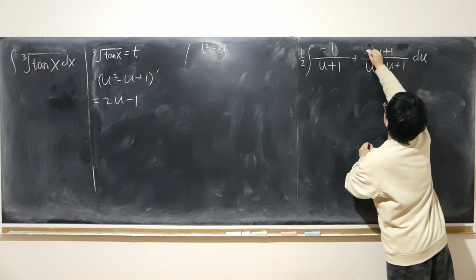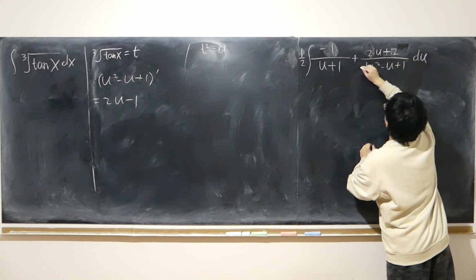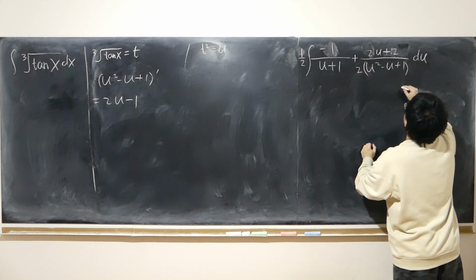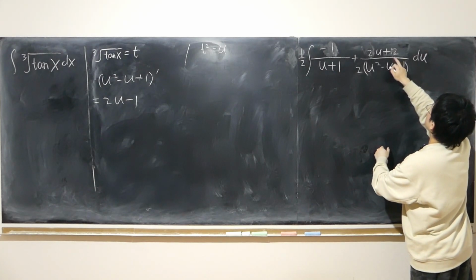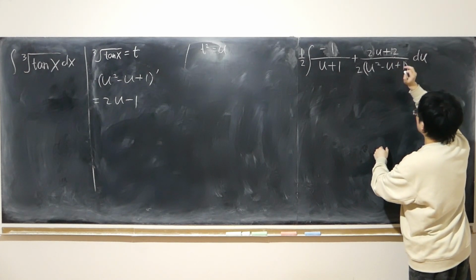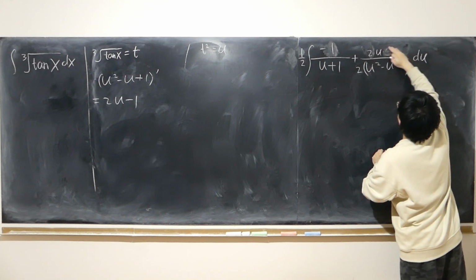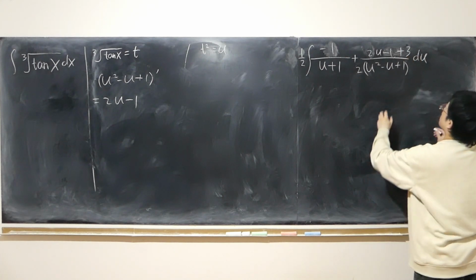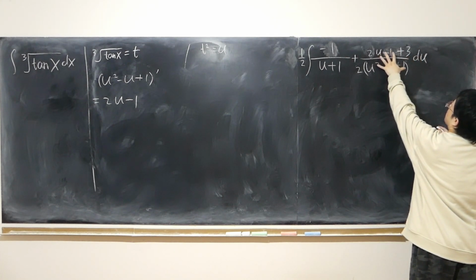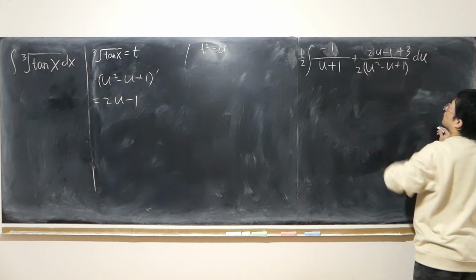I multiply by 2 and divide by 2 as well. 2u minus 1, so minus 1 becomes plus 1, 2 becomes minus 1 plus 3. This bit should be easy to work out, and the rest is just this bit.